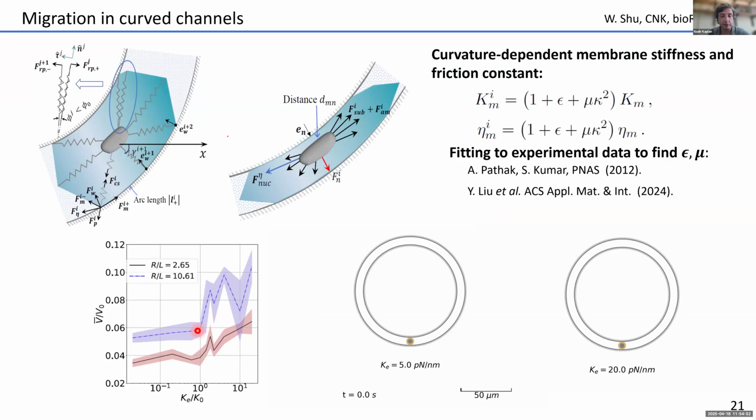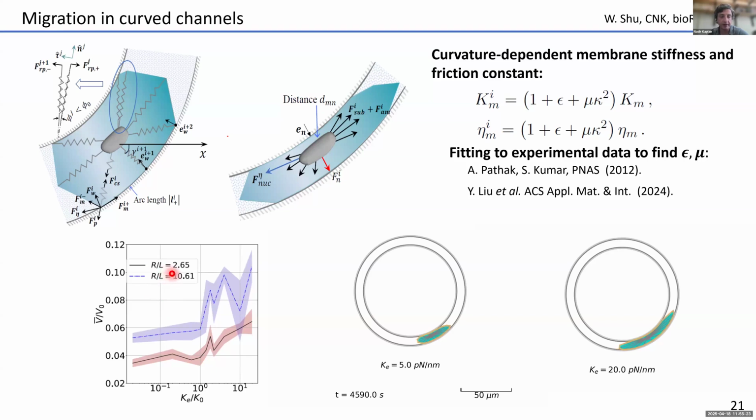So now, when we take that into account, we can show the dependence of migration speed on the curvature and how it changes as a function of curvature for changing stiffnesses. Again, for higher stiffnesses there's going to be higher spreading, and for lower stiffnesses there's going to be lower spreading. But at the same time, the effect of curvature matters.